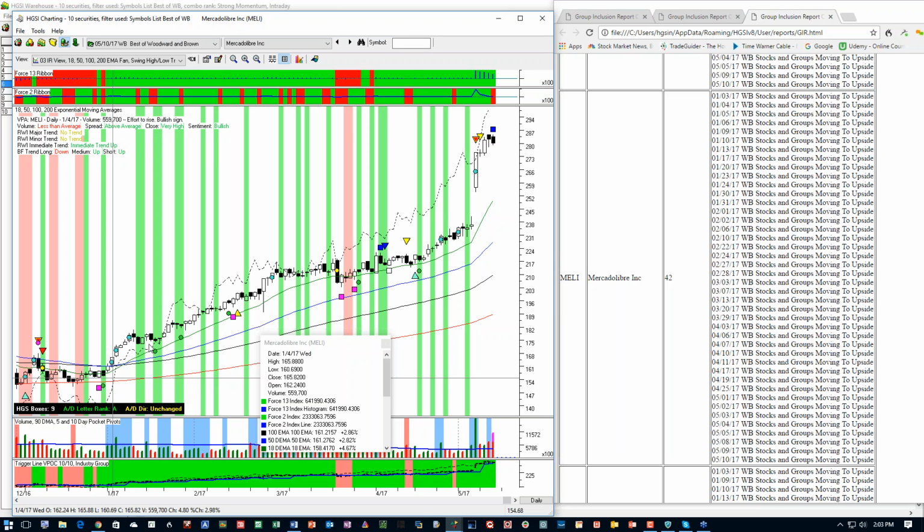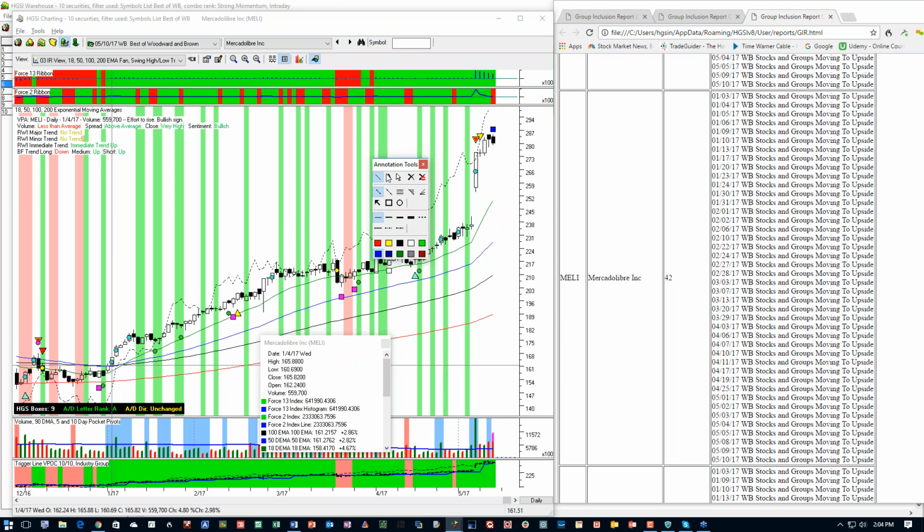Notice the group is on the move. So from this day here, that's the 4th, this is the 3rd. Let's say somebody bought it on the 4th and just held this stock. That price level is around 161.